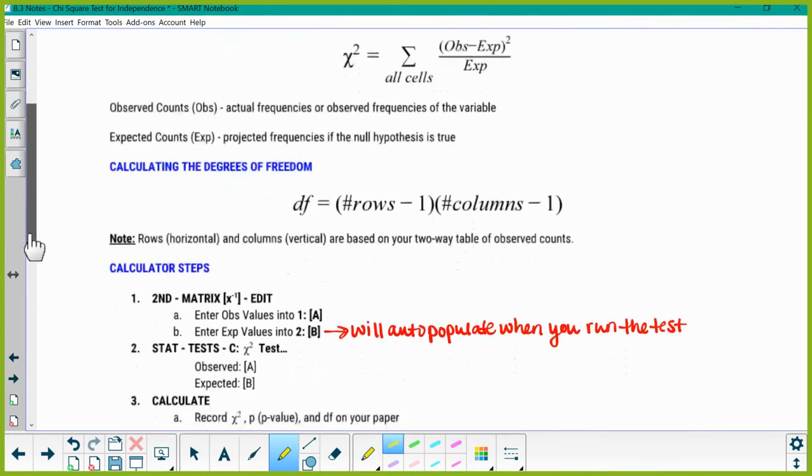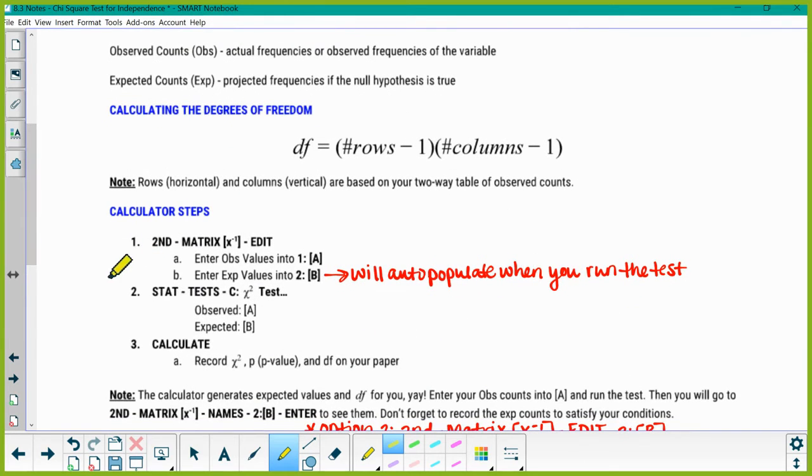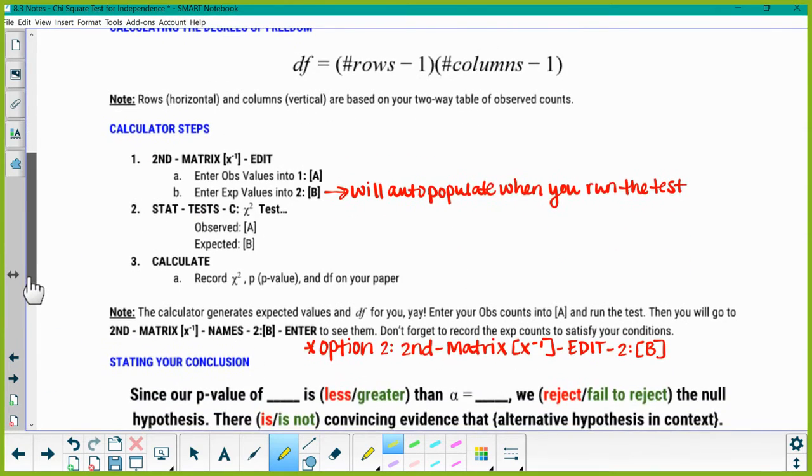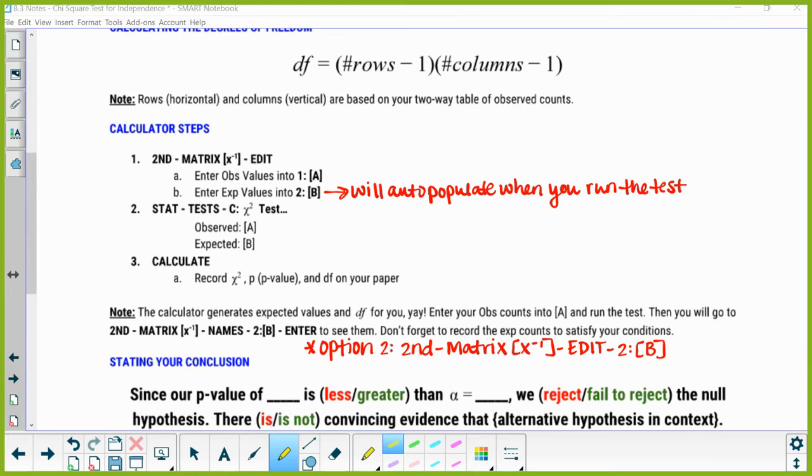Calculator steps are going to be the same. We are going to enter our observed values into matrix A, and we are fortunate enough that the calculator is going to auto-populate matrix B to include all of the expected values. So you're welcome to calculate them yourself and plug them into your calculator.